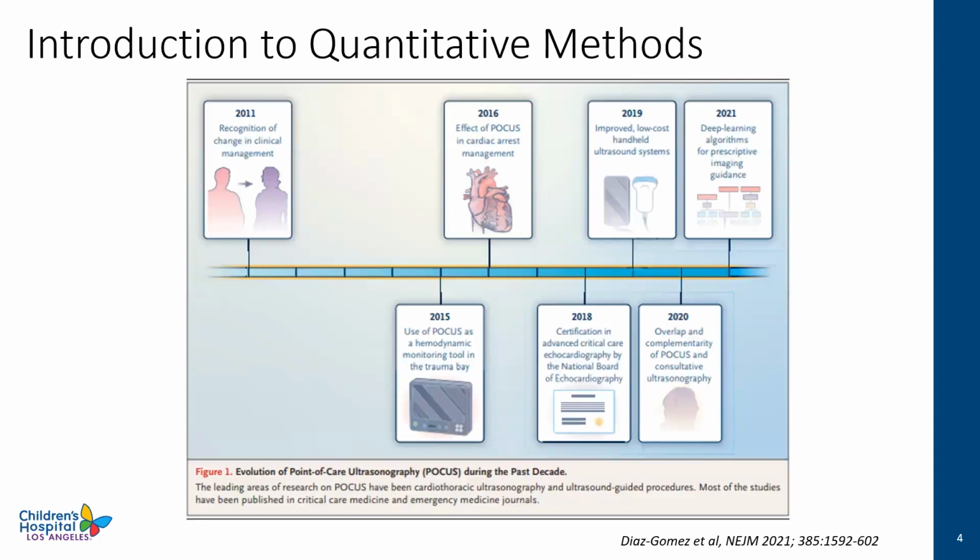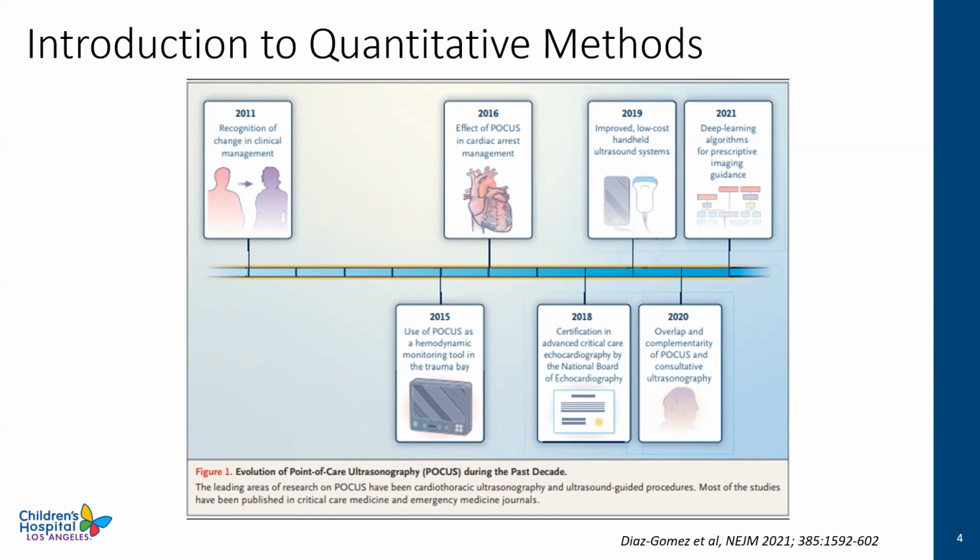So this is kind of an overview of POCUS and how it has evolved over the last decade. Over time, there's been a lot of advances in technology and have allowed for more portable and intelligent devices. And so for good reason, POCUS often focuses on qualitative measures because we're trying to do quick assessments for rapid decision-making, such as cardiac function.